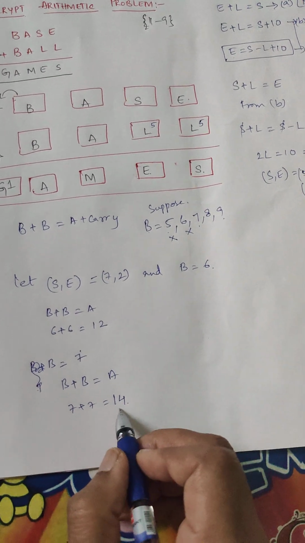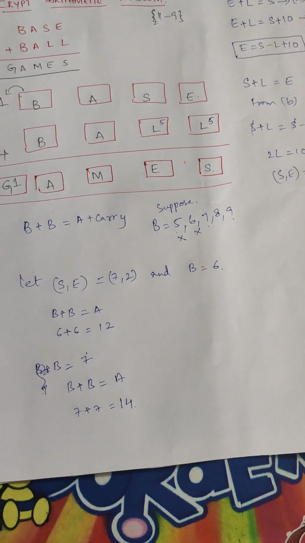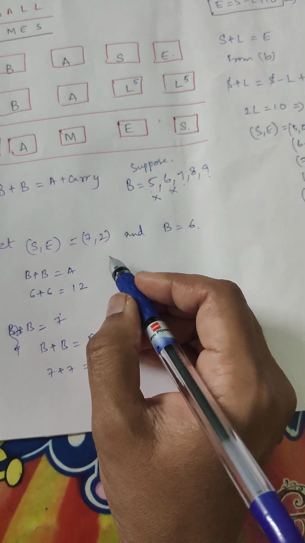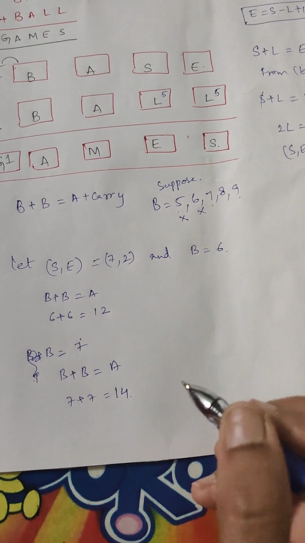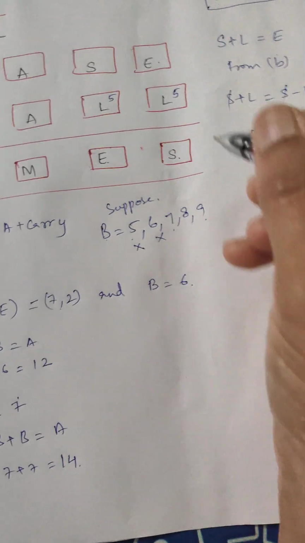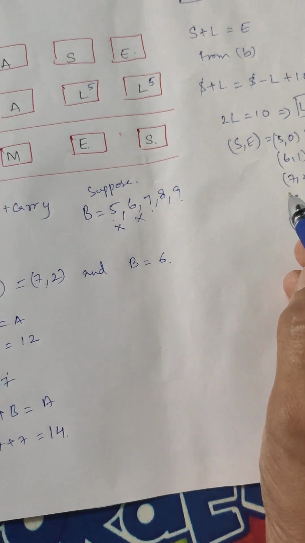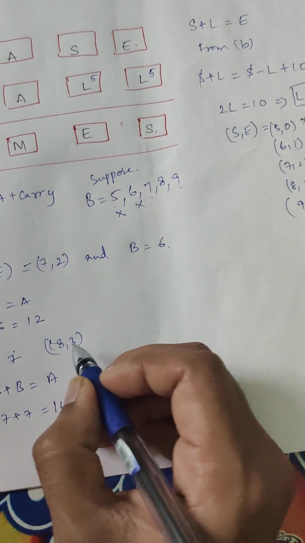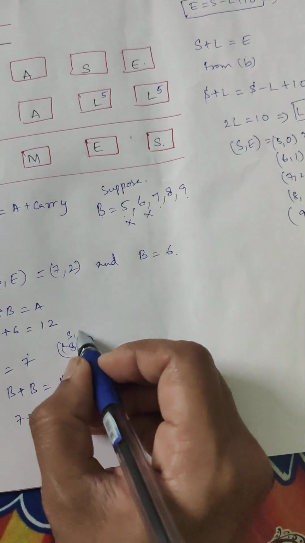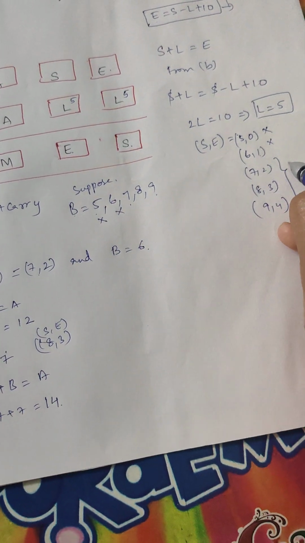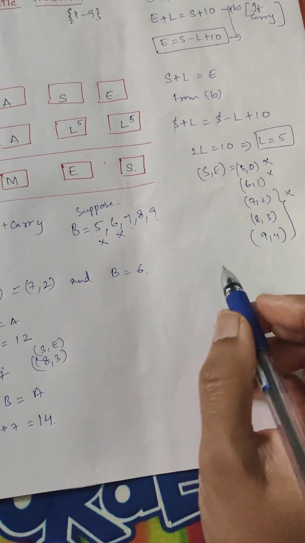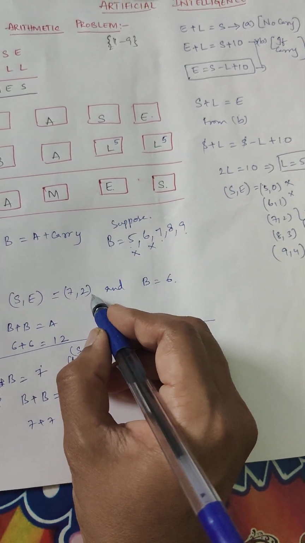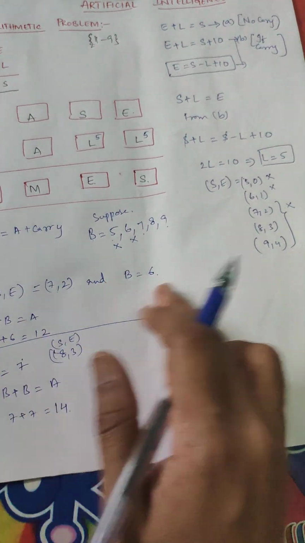Now, for the next assumption, let us check the next SE value. This is discarded as it was not generating the values for us. So we were not able to take 7 comma 2 and 6, so that is discarded here.